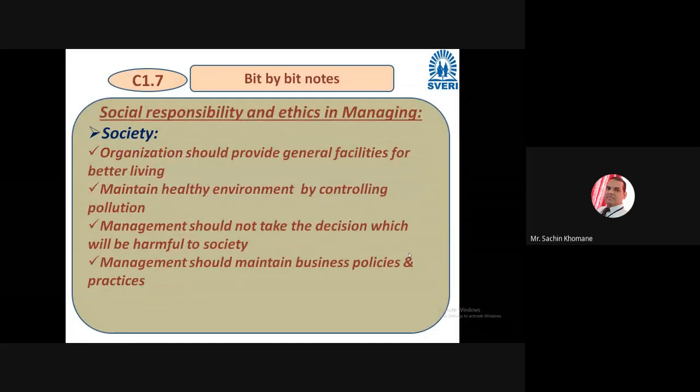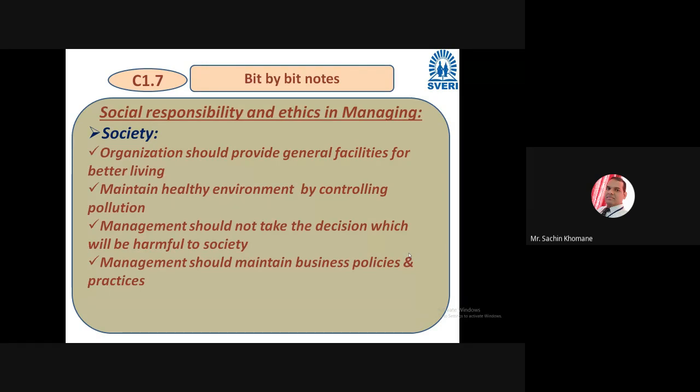And society related responsibility. The organization should provide general facilities for the betterment of living. Under CSR activity, you may have heard about CSR, corporate social responsibility, right? This is very well known.